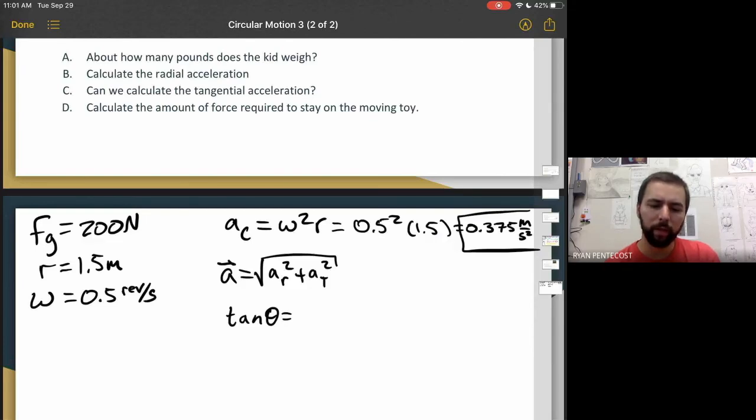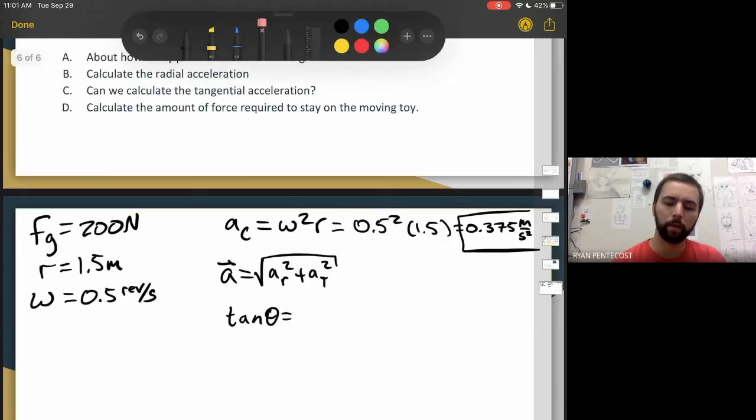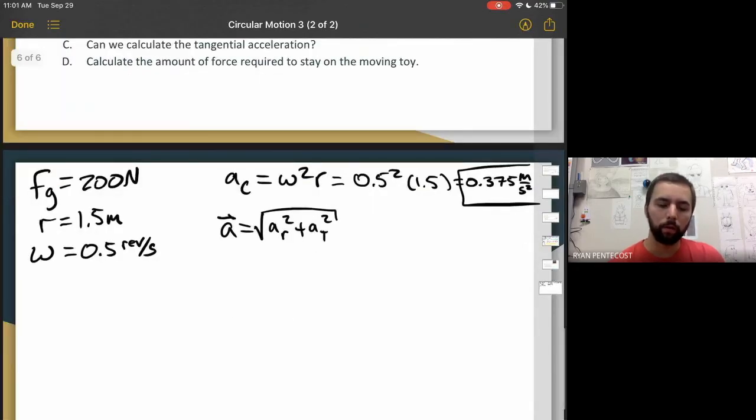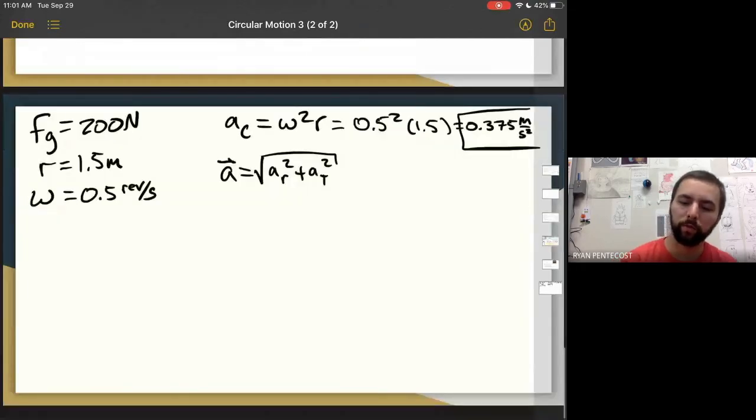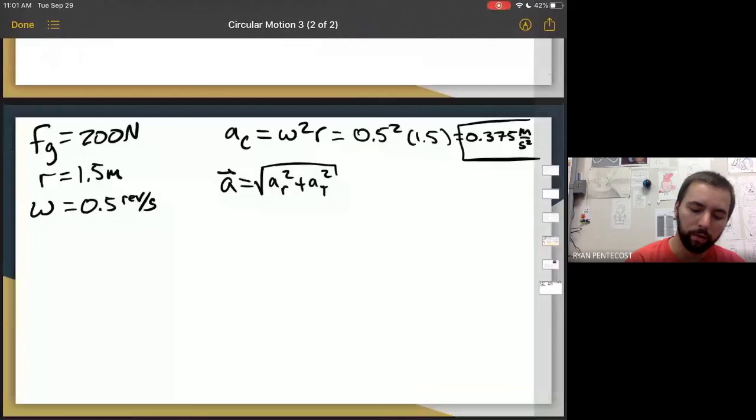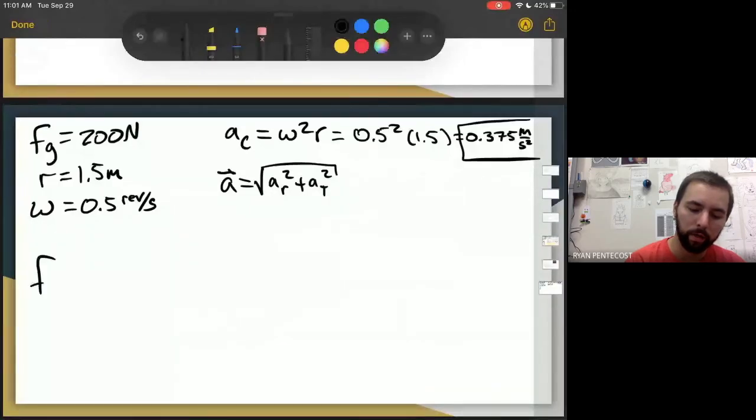Now let's calculate the amount of force required to stay on the moving toy. Let's see, how would we do that? Well, we did talk about centripetal force, right? Centripetal force is m a_c. We have a_c.